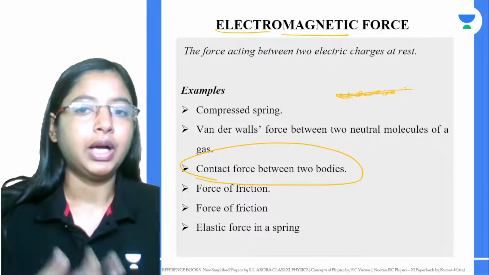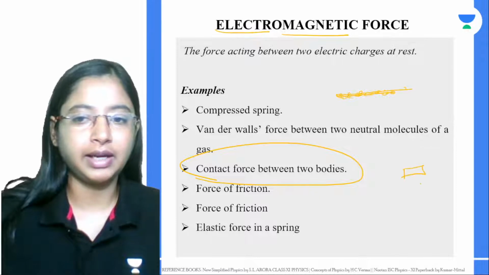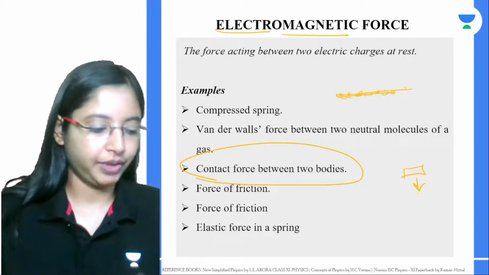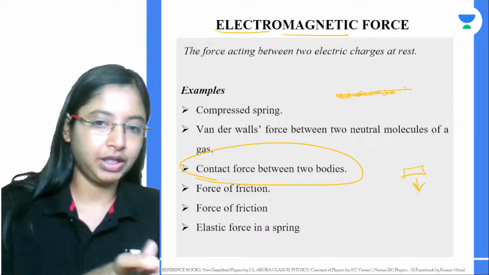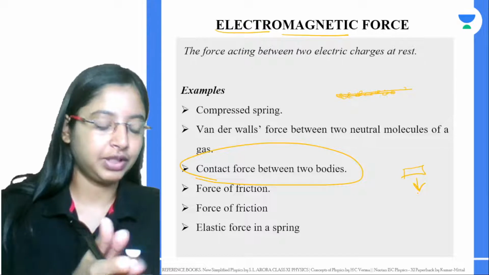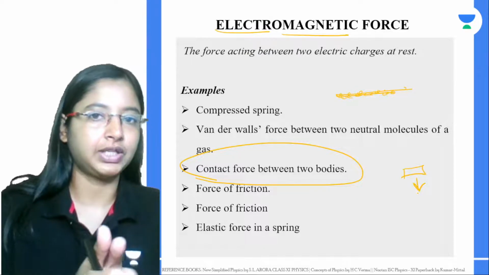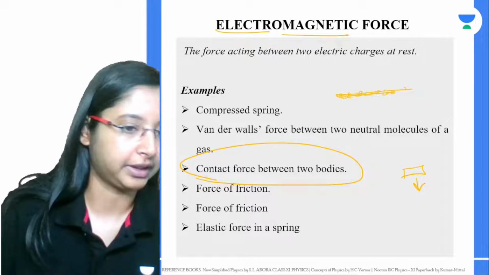If there's a book, gravity is acting on it, which is why it is down. When you lift a book, you're applying a particular force. Whenever there is contact between two objects, the force existing between them is the electrostatic force.